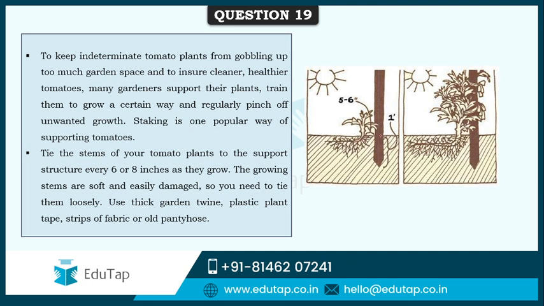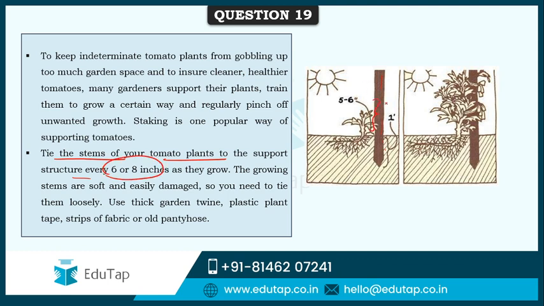At least the distance between the pole and the plant is 5 to 6 inches, and it should be at least 1 foot into the soil, and the stems of tomato plants are tied to the support structure every 6 to 8 inches as they grow.